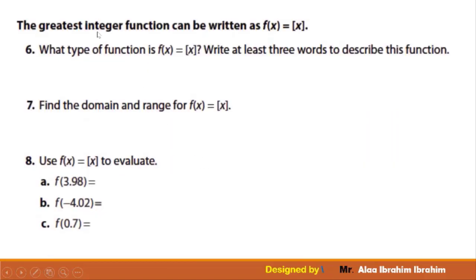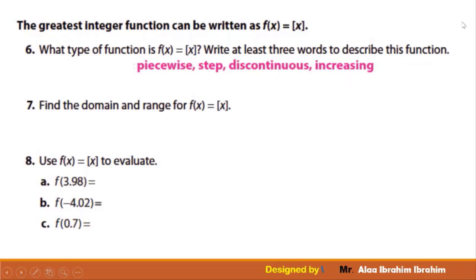Now the greatest integer function. You remember, it is a graph where all real numbers are your domain, and the range is always integers. So what's the type of this function? Write the least three words to describe this function. So first it is a step function, not continuous, and increasing at the same time.